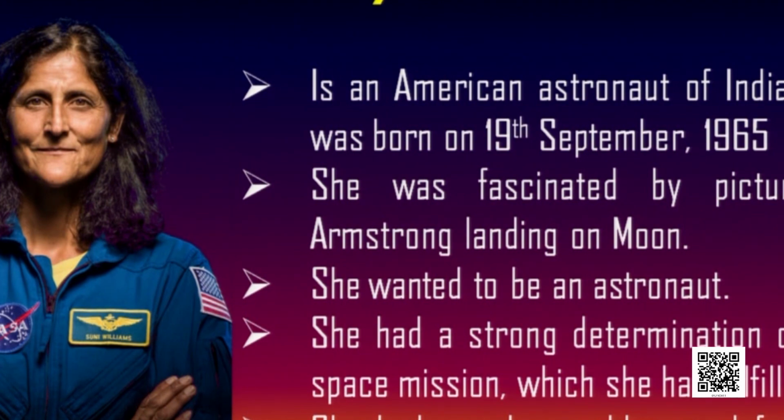She was fascinated by pictures of Neil Armstrong landing on the moon. She wanted to be an astronaut. She had a strong determination of going on a space mission, which she fulfilled. She set the world record for the longest space flight by a woman.